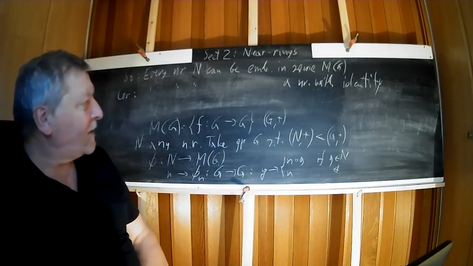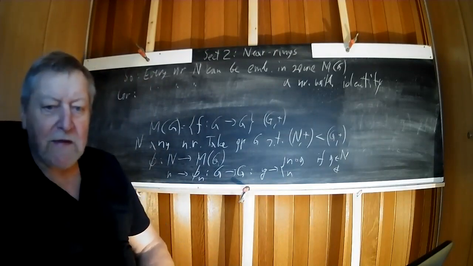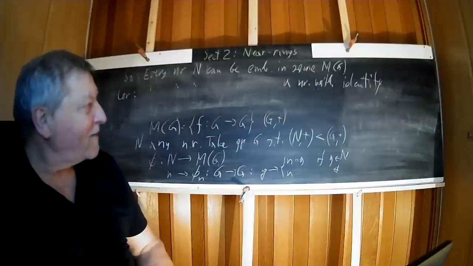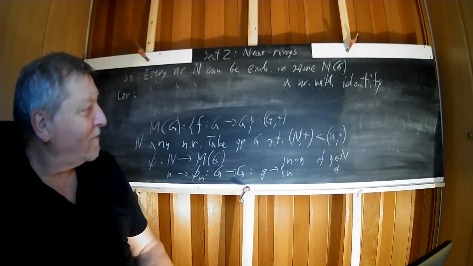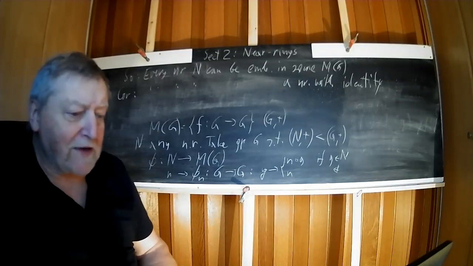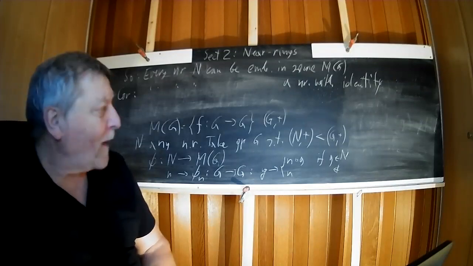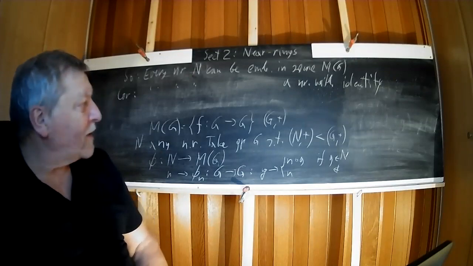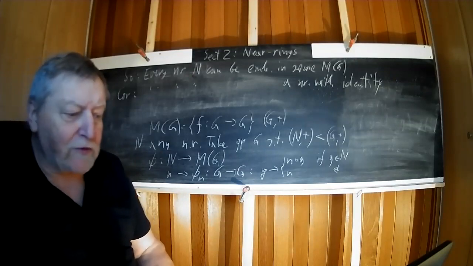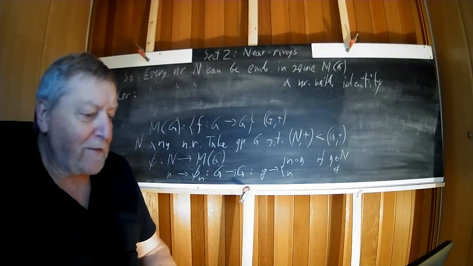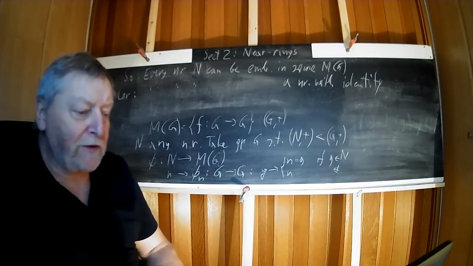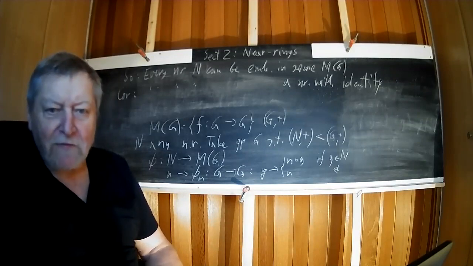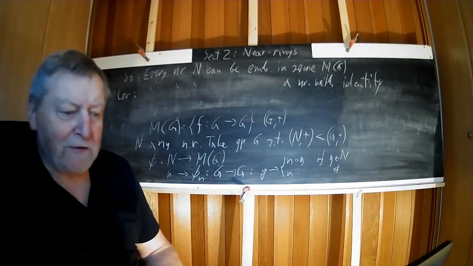In fact, being a nearing with identity is something special, also something which Gerhard Betsch mentioned several years ago. If you look at the list of nearings of low order, then we found out that up to the order 32, only 1% of all nearings have an identity.